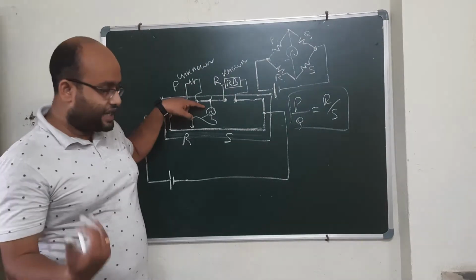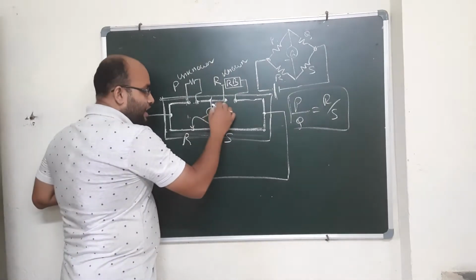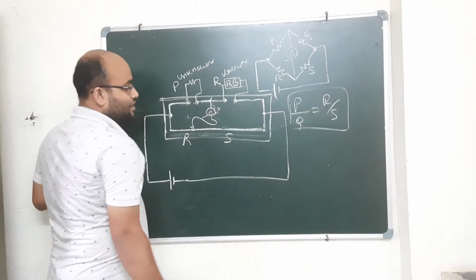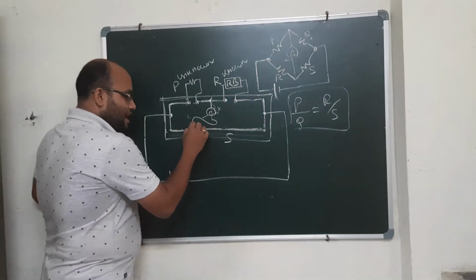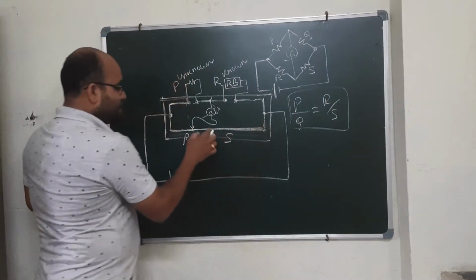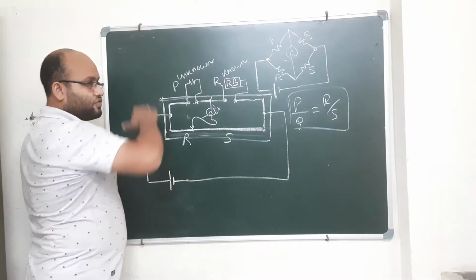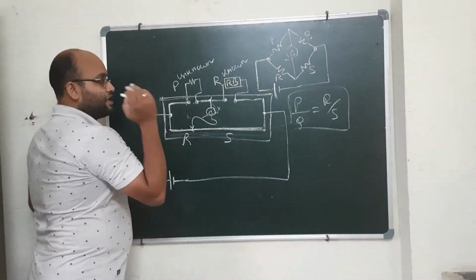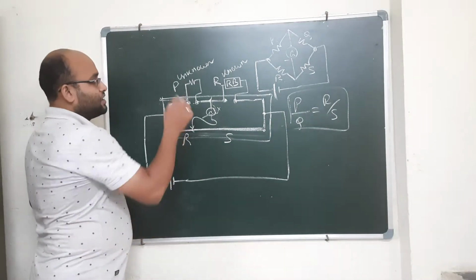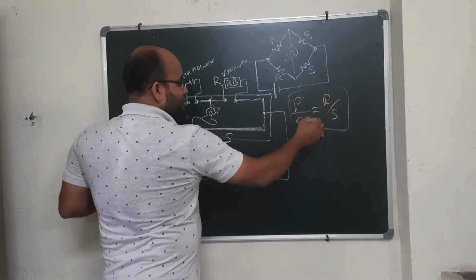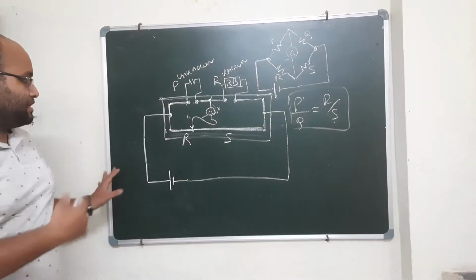So from here we can easily understand that for this particular point there is no current flowing through the galvanometer. That means the resistance R and S is actually this and this. P is this and R is this. So for this configuration there is no current flow through this galvanometer. That means P by Q equals R by S is obeyed for this particular situation.